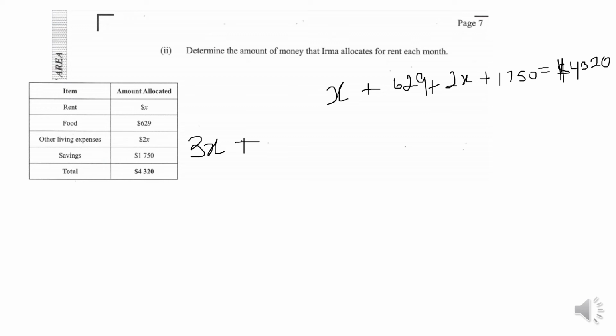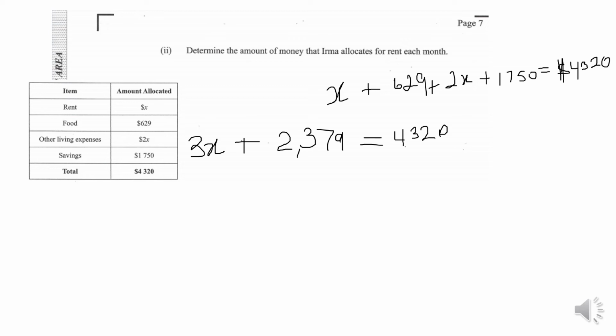We have 629 plus 1750, and that's going to give us a total of 2379. So I have 2379 is equal to, what's the total? 4320. This is algebra. We are solving for X.